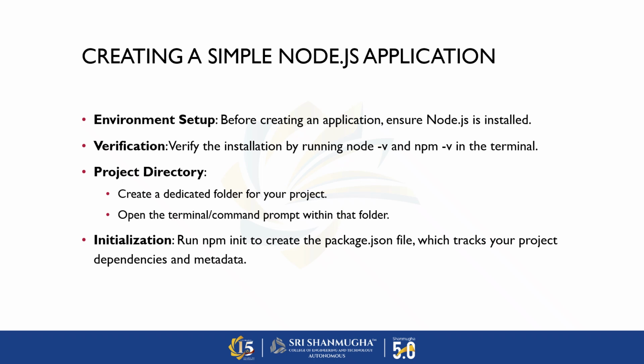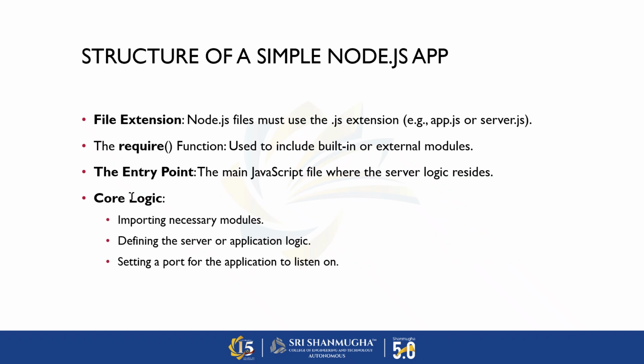So we will be creating a simple Node.js application. First, we have to set up the environment. Then we have to verify whether Node.js is installed using the command node -v. Then we have to go to the directory. Then you have to initialize the project using the command npm init.